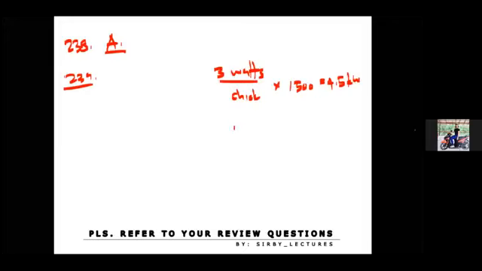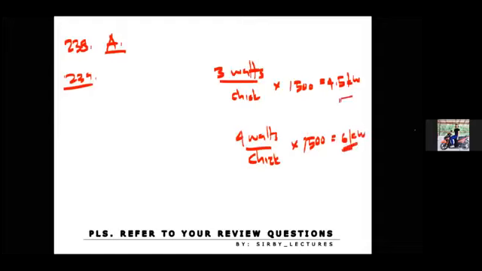And for number 240, if an infrared brooder is used, then we have to use 4 watts per chick times our number of baby chicks. This is equal to 6 kilowatts. So the answer for 239 is letter C, and for 240, this is letter A.